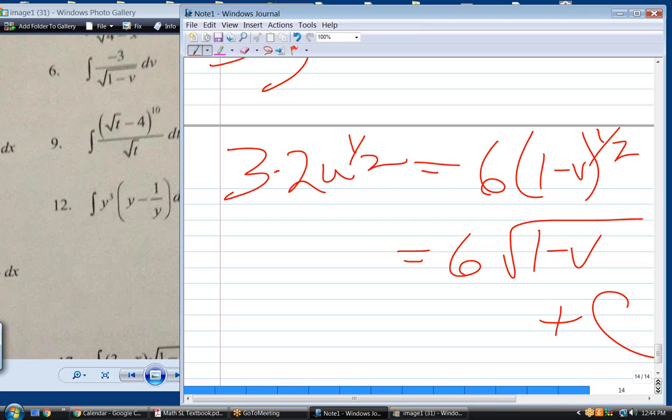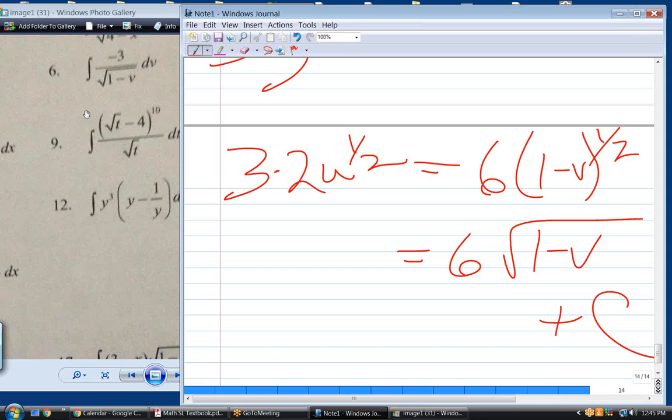You always have a plus c when you have an indefinite integral. An indefinite integral is where I do not have limits of integration. I don't have going from 0 to 2 or from minus 1 to 10. This is called an indefinite integral. If I have limits of integration, it's called a definite integral.